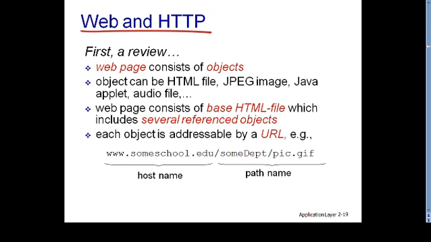The initial base HTML file is addressable, and you know the address of that web page, but the other objects residing in that web page are referenced by other objects.